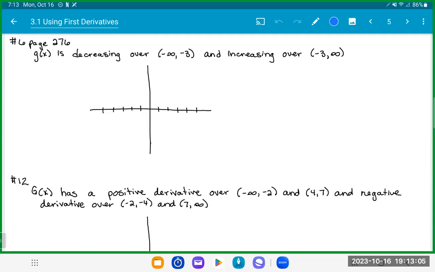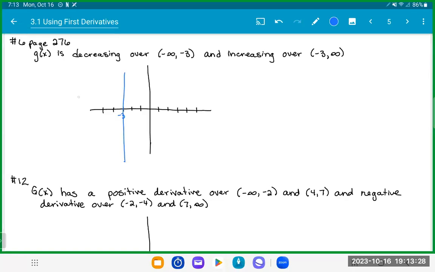The description is that our function is decreasing from negative infinity to -3. So here is -1, 2, here's -3. Right about here, I drew this line. I'll erase it when we're done doing our graph.